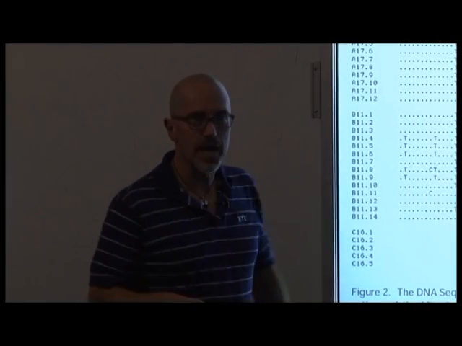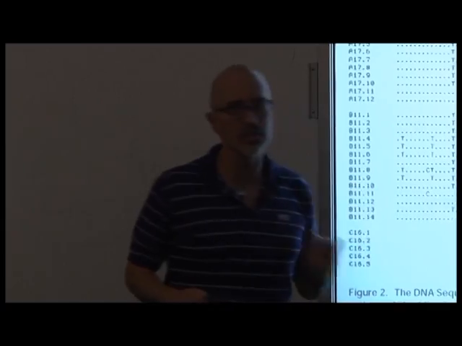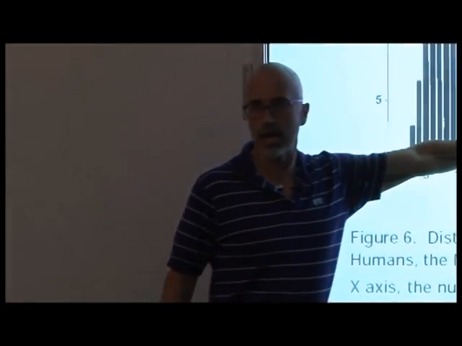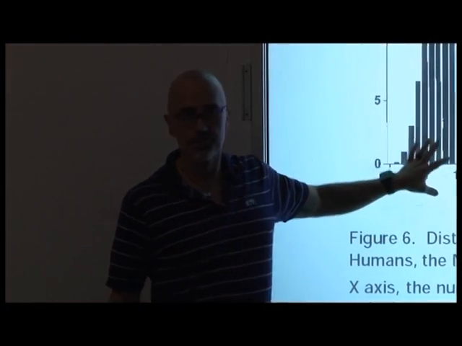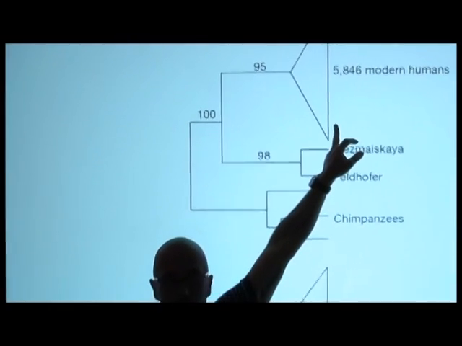A lot of that DNA was contaminated, but they had a consistent signal of a new sequence that basically did not overlap with modern humans. And when they inferred an evolutionary tree from that, this Neanderthal fell outside the range of all modern variation.